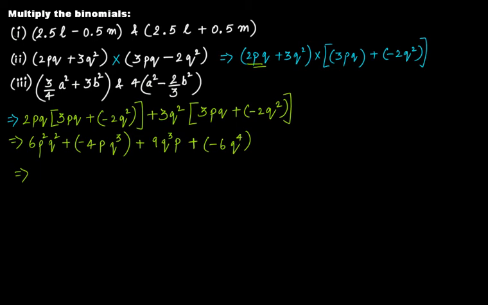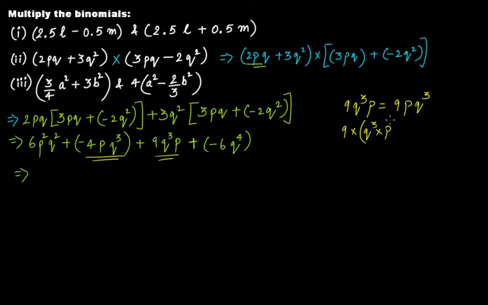Now if you look at these two terms, that is minus 4pq cubed and here 9q cubed p, these are actually like terms. How? You can write this 9q cubed p as 9pq cubed. How? This is actually 9 multiplied by q cubed multiplied by p.